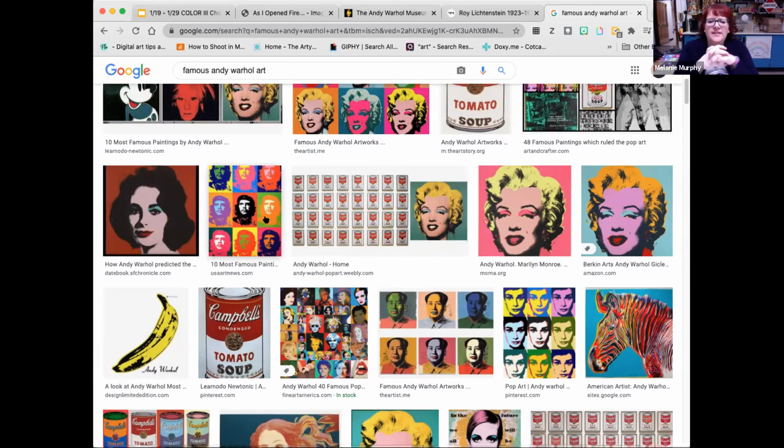So what you could say about Warhol is that sometimes he uses primary color schemes, sometimes complementary color schemes, sometimes secondary color schemes. He seems to make deliberate choices about color, but it varies and he mixes it up a lot.